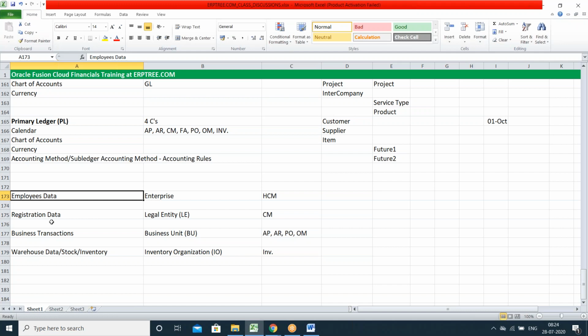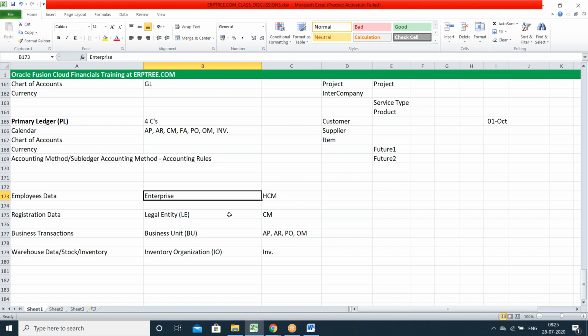So business unit, the business unit to record the primary business transactions. What are the business transactions you record? Most of the transactions will be recorded within the business unit. And when you talk about enterprise, to maintain the employees information, with the help of the enterprise concept, you can maintain the employees data. To maintain the employee data with the concept called enterprise, we need applications.